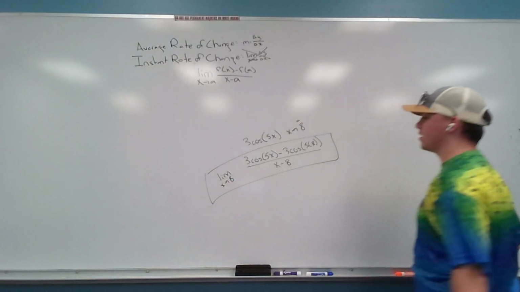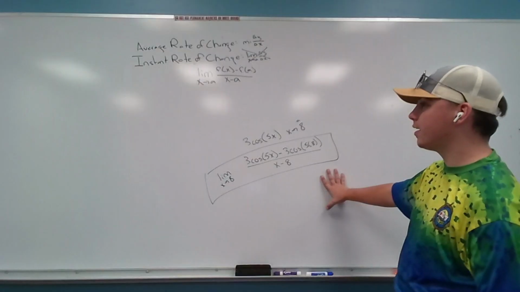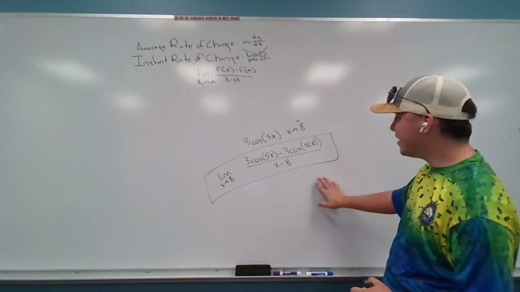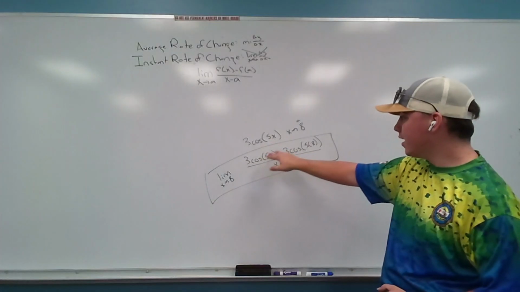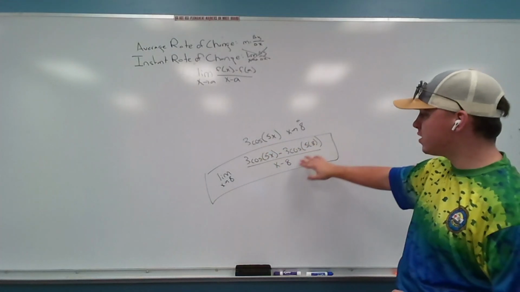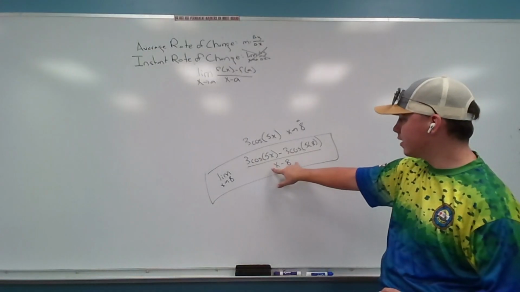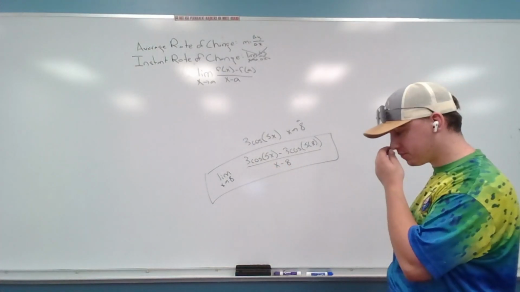I'm not going to go the next step on this specific problem, but I hope that illustrates what is actually happening. We plug in the actual equation, or f, the function. We subtract the function evaluated at that point, and then we do the x2 minus x1, or just x minus 8.